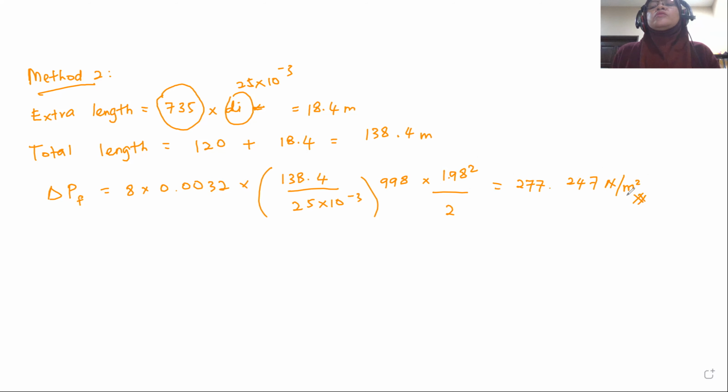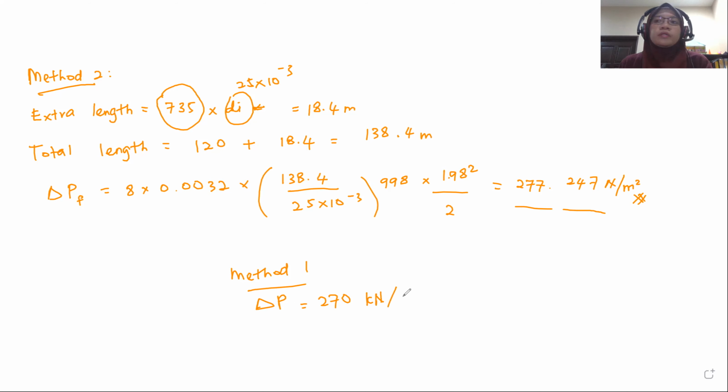Alright, that's it. So this is method 2, and from method 1 we got 270 kilonewton per meter squared. So basically, it's not the same. Of course, the method using velocity head just now is the more correct approach.